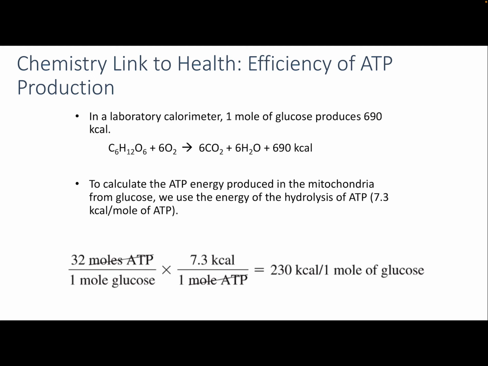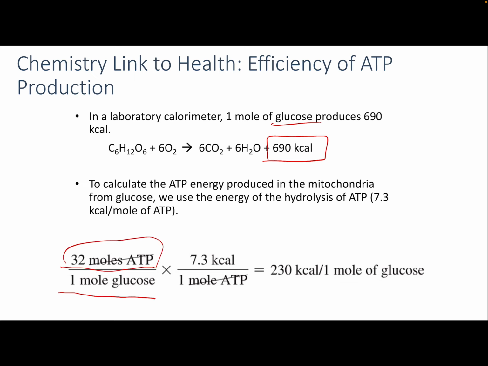What we can do is take glucose, kind of like a general chemistry experiment, and put it in a calorimeter and see how much energy is given off by combusting it, right? 1 mole of glucose should produce about 690 kilocalories.